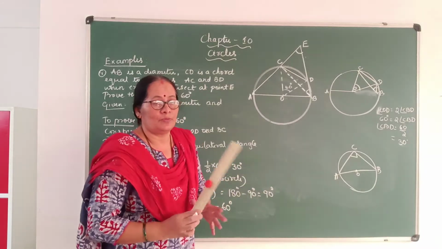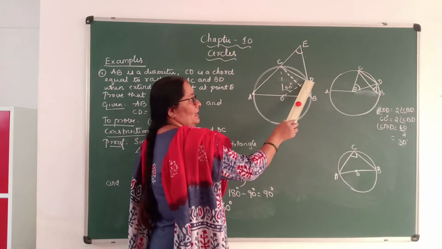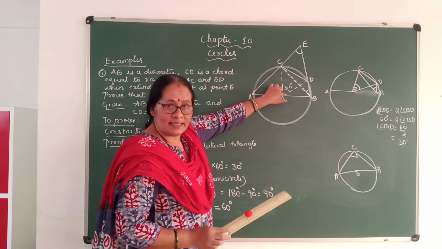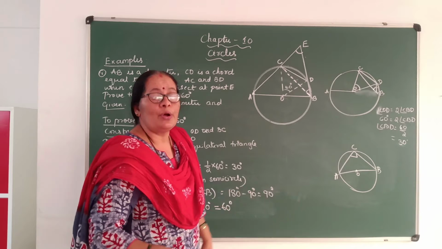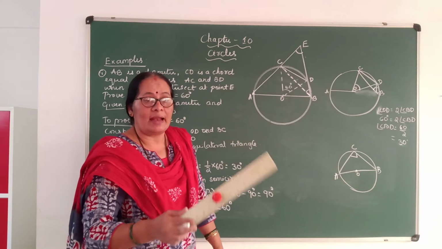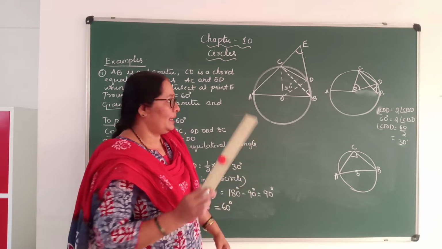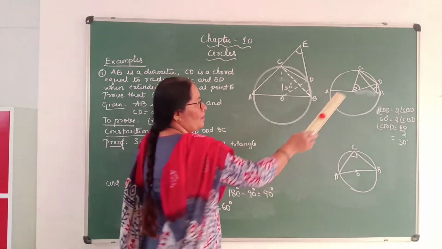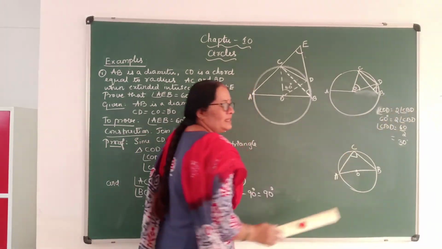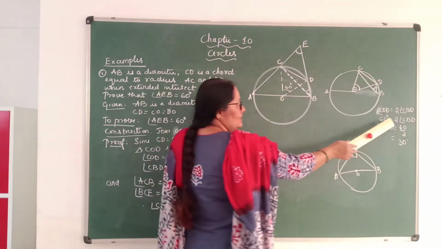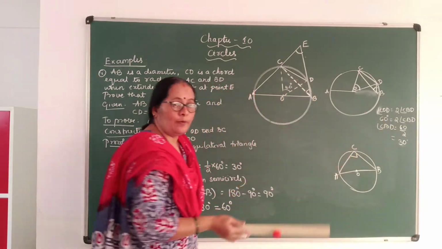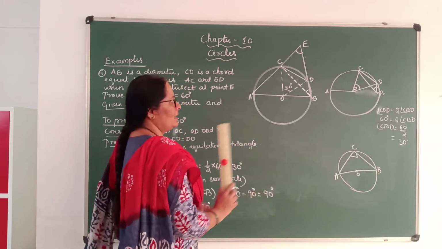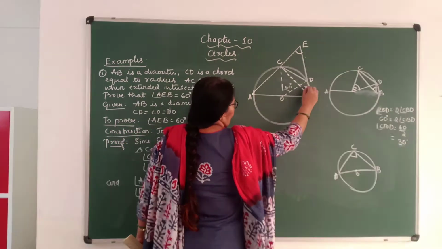COD is 60 degrees, which equals twice angle CBD. Therefore, angle CBD equals half of angle COD, that is 30 degrees.